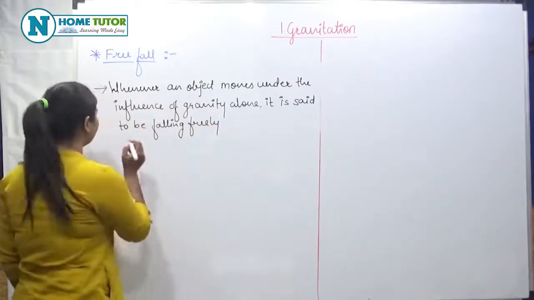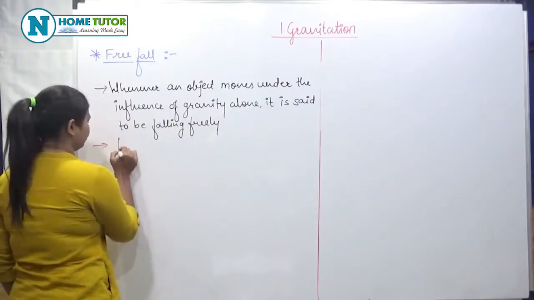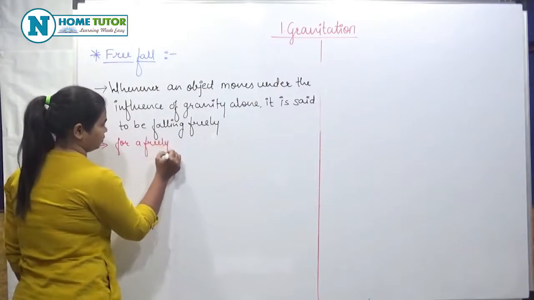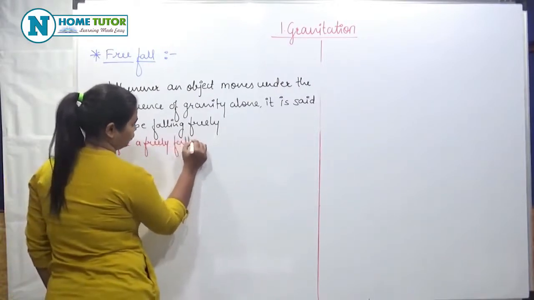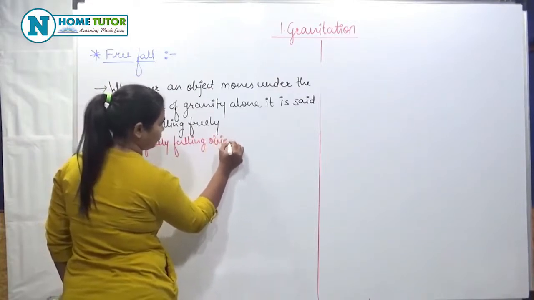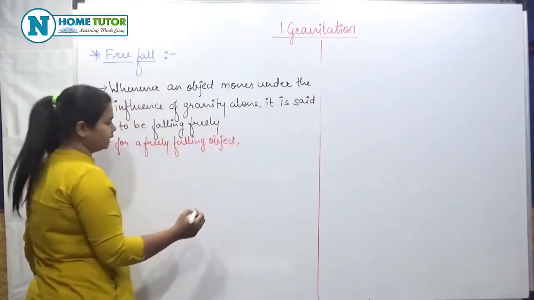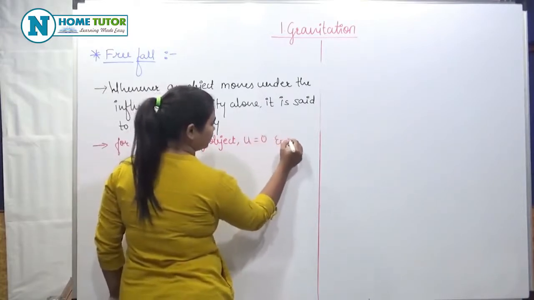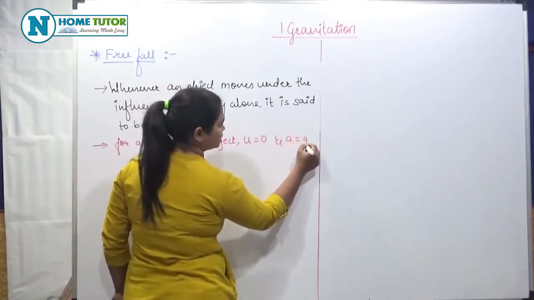Now for a freely falling object, the initial velocity, that is u, is equal to 0 and acceleration is g.